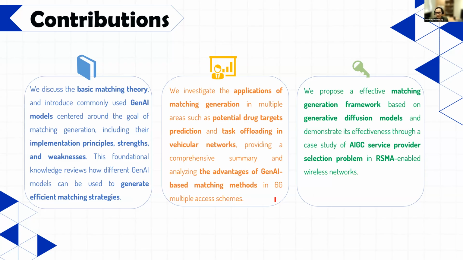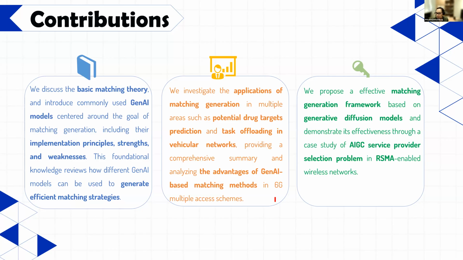And then we investigate the applications of matching generation in multiple areas, such as potential drug target prediction and task offloading in vehicular networks. We also provide a comprehensive summary and analyze the advantages of generative AI matching methods in 6G multiple access schemes.